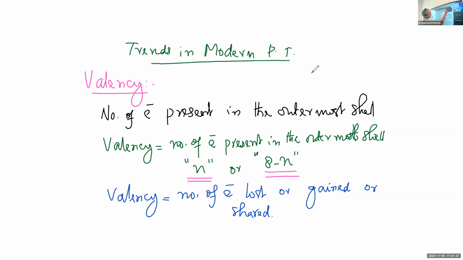Let us take an example. You take magnesium. The atomic number of magnesium is equal to 12. Think of the electronic distribution of magnesium. Do you remember the distribution of electrons? In the K shell, there are 2 electrons.